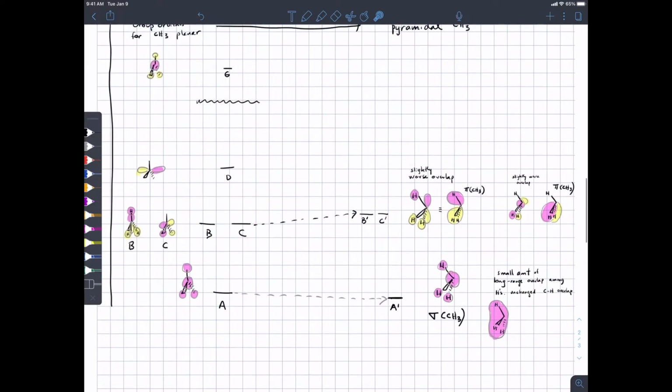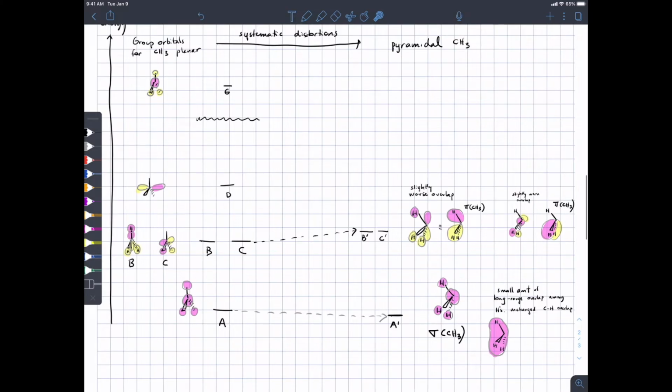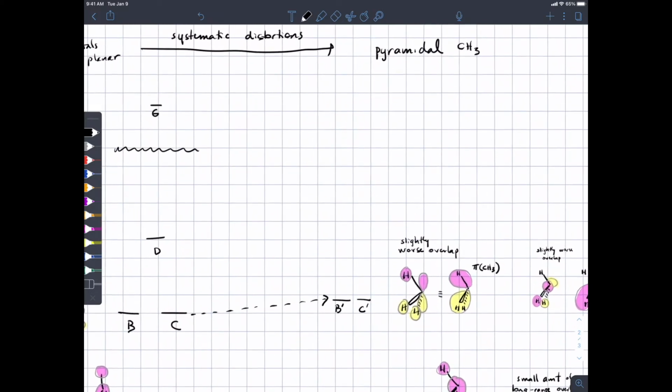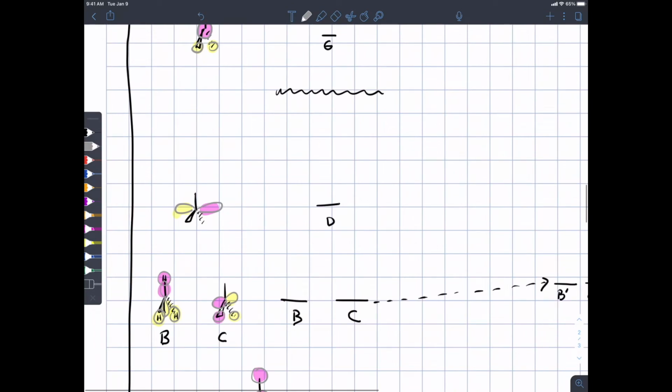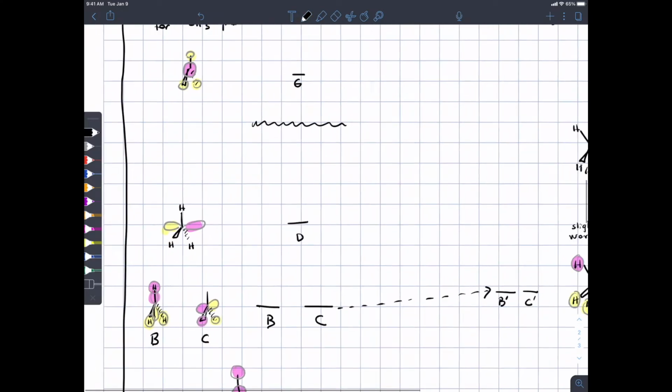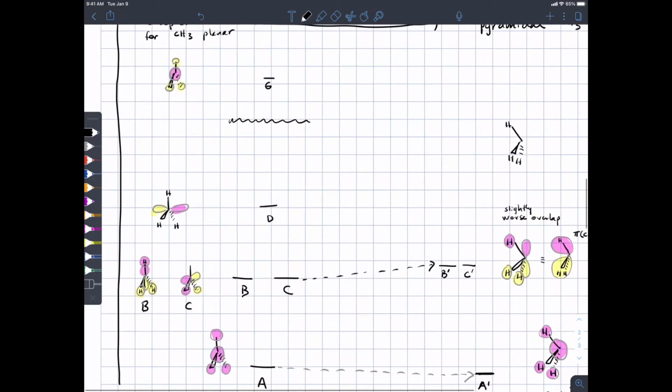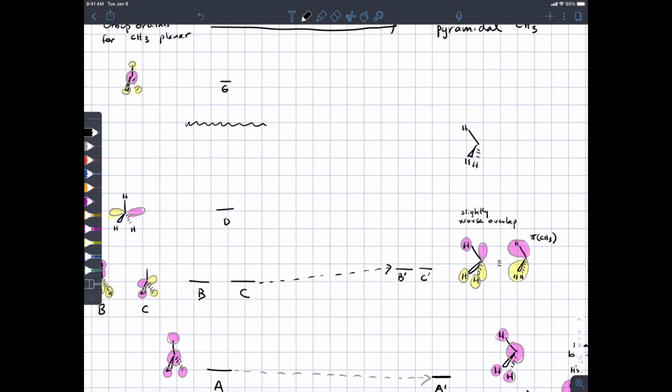Okay. Now, this one's kind of fun. Let's consider what happens to that 2pz orbital when we go from planar to pyramidal. So I'm going to draw us a pyramidal CH3. Recall that in the case of the 2pz orbital, the reason we didn't have any orbital out on these hydrogens is that they were all in the xy plane and therefore were in the node, and wave function had to be 0.